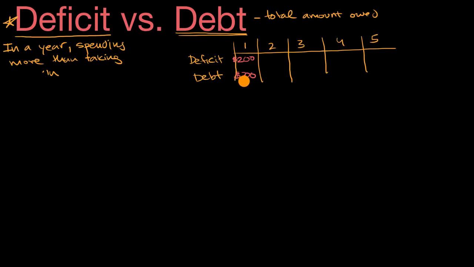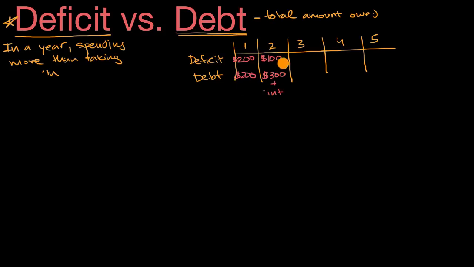All right, so let's say the next year we run a deficit of $100 billion. Well, now we owe the money that we owed before plus another $100 billion. And I'm not even thinking about the extra interest. So this would be $300 billion plus interest.